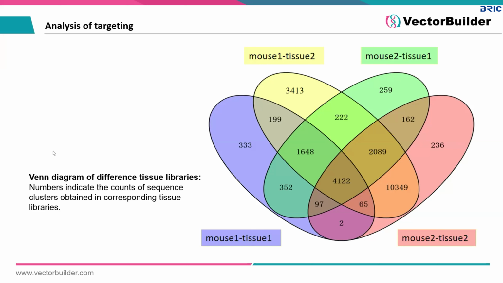If they are not pro-BBB penetration, they will be depleted during the evolution. After harvest of the tissues and NGS, we have the candidates in different tissue libraries, and then we do a Venn diagram to overlap some of the candidates, and we can select candidates that are suitable to go for the second round of screening.